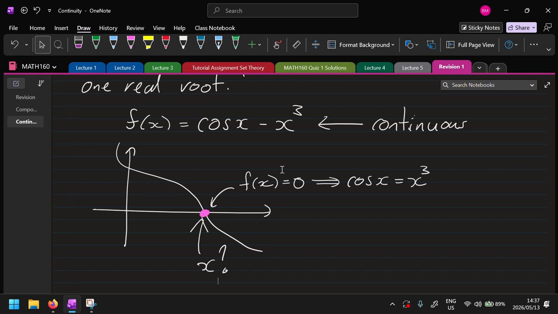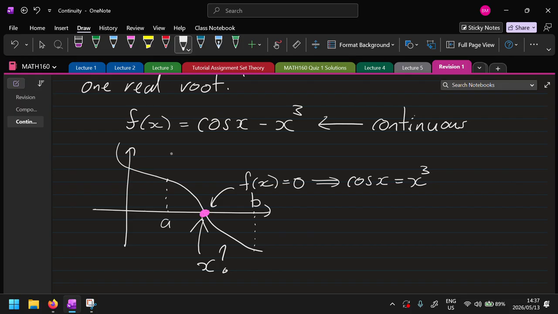Yeah, intermediate value theorem. So what we're going to do here is look at some value over here. Let's call it a. Any a, somewhere over there. We're going to look at some b over here. And we're going to look at the function values for those two.